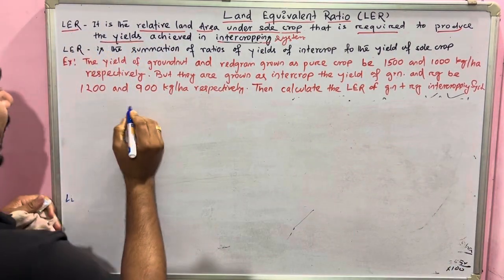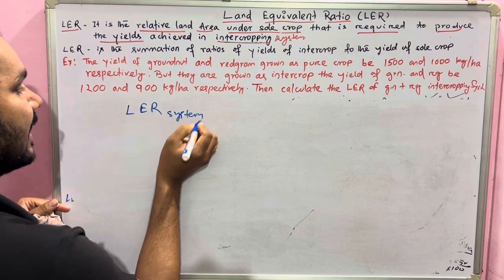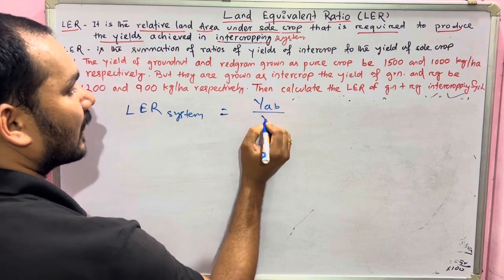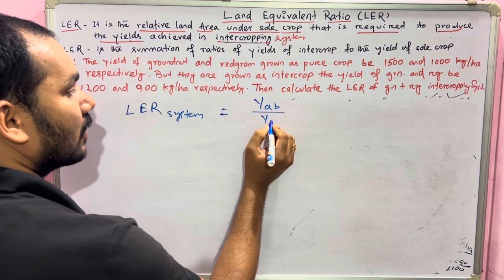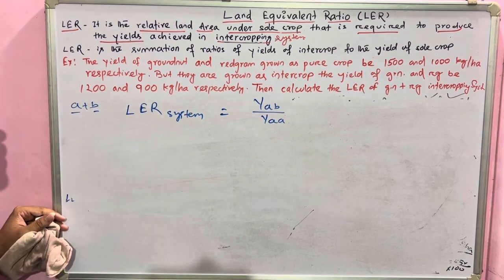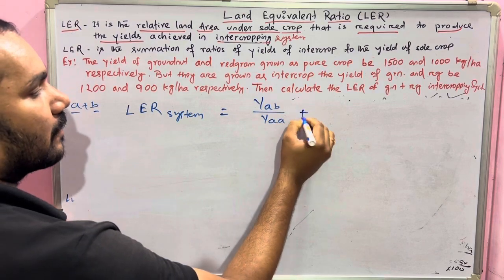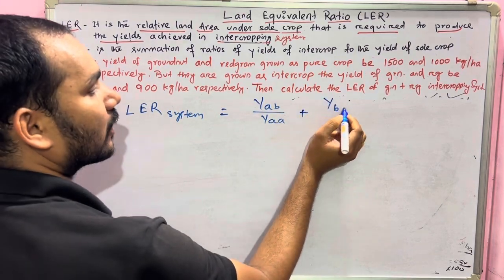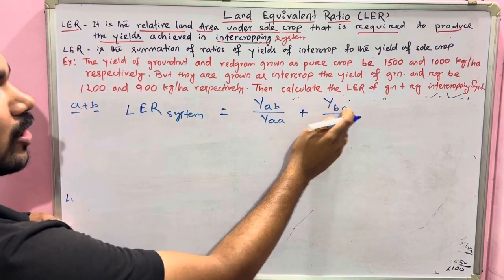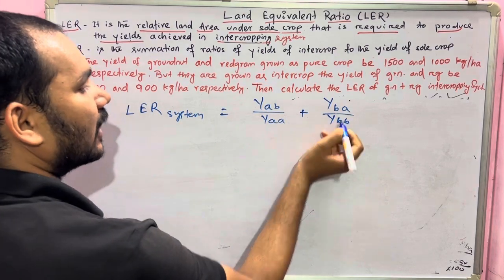My formula: LER of the system is equal to yield of intercrop A divided by yield of sole crop A, plus yield of intercrop B divided by yield of sole crop B, in case of A plus B intercropping. A is one crop, B is another crop.